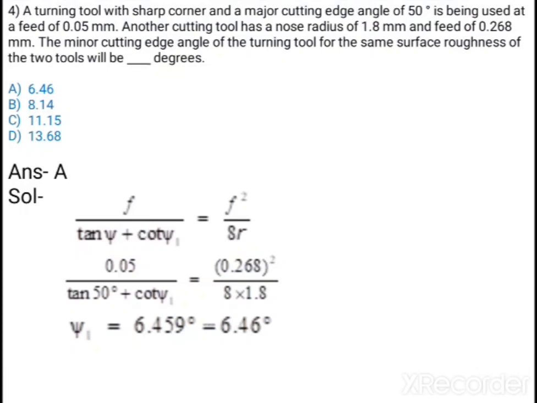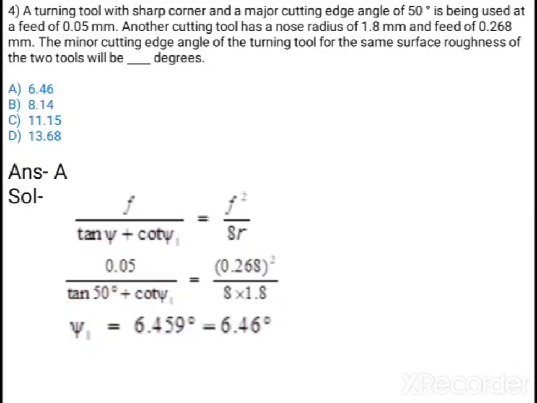So we have the expression f divided by (tan psi plus cot psi 1) is equal to f squared divided by 8r. Here we have to use the values: feed is equal to 0.05 mm, tan psi where the cutting edge angle is given as 15 degrees, plus cot of psi 1, and that is the unknown parameter.